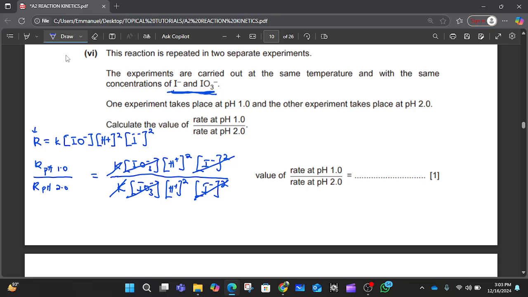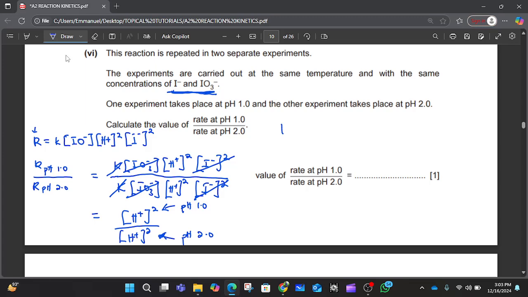It means that our value is actually going to be equal to the concentration of H plus squared over the concentration of H plus squared. This will be the concentration of H plus squared at pH 1.0, and this will be the concentration of H plus squared, concentration of H plus at pH 2.0.